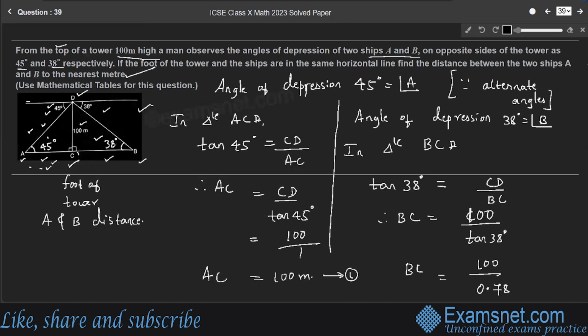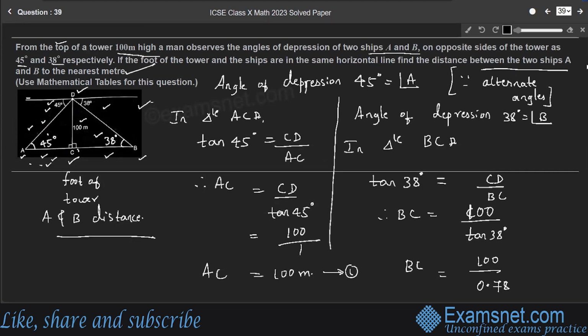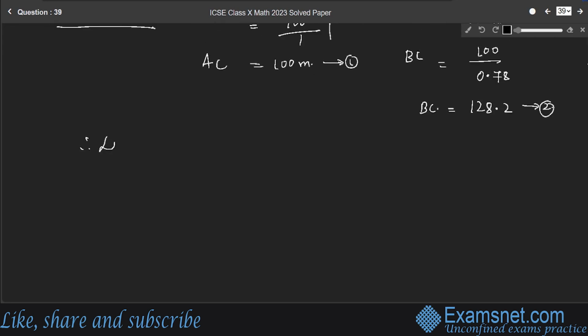Now we need the value of AB, the distance between the two ships A and B, which is equal to AC plus BC.